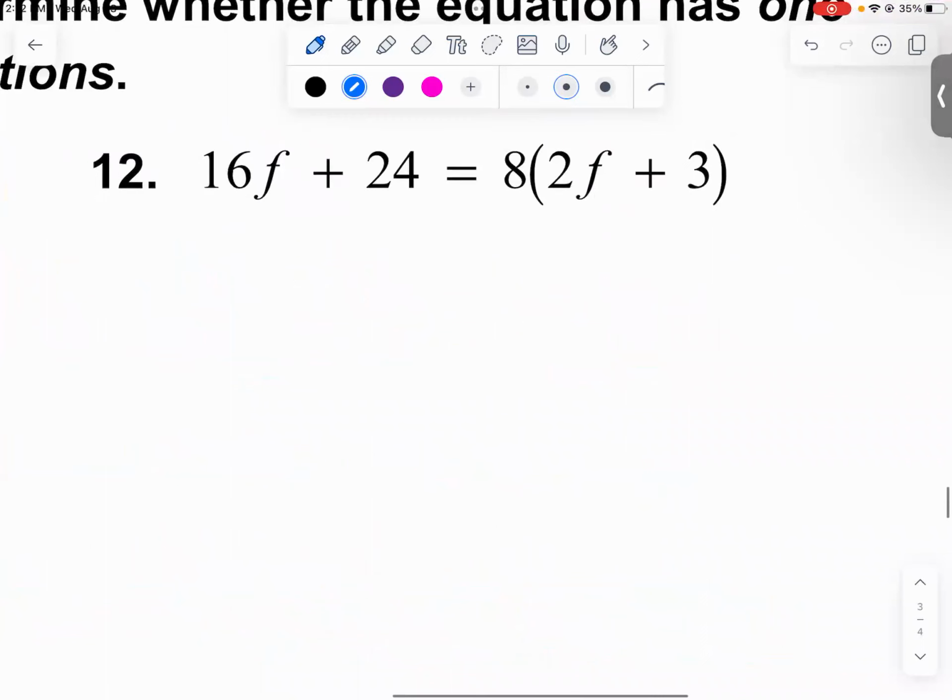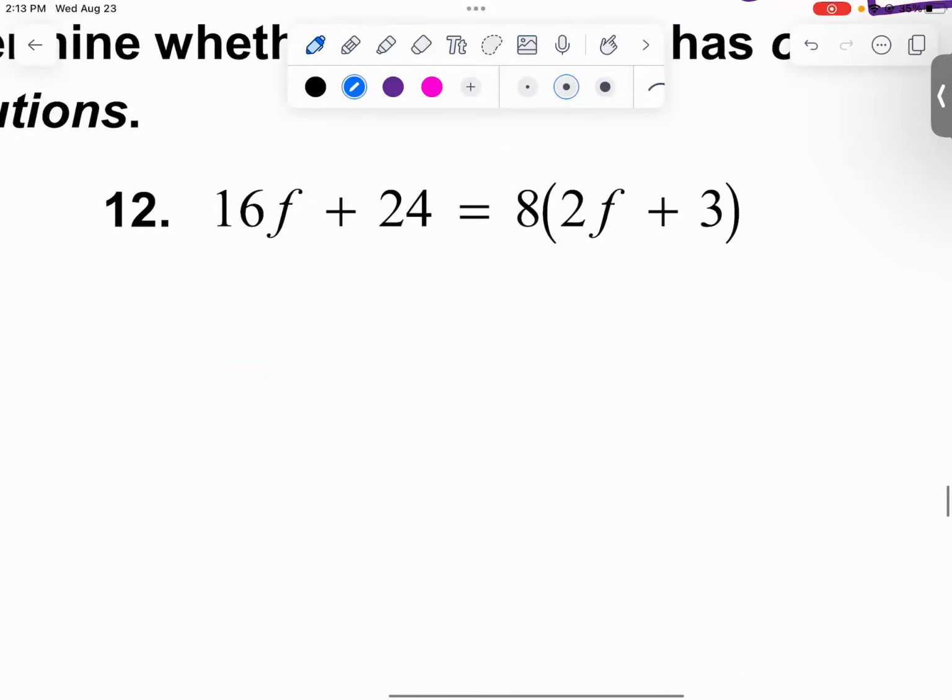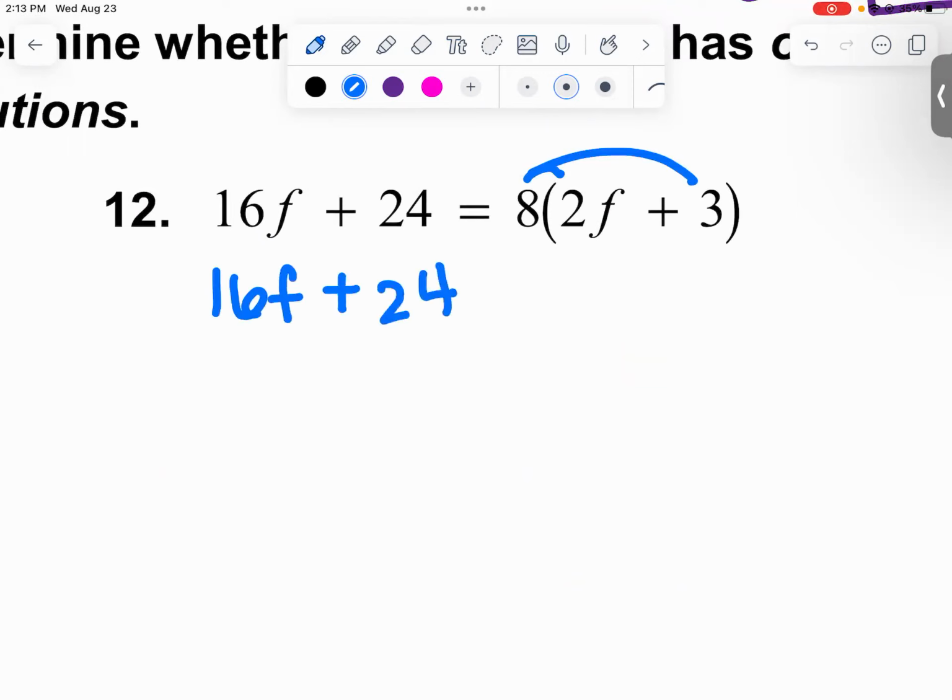All right, let's look at number 12. I'm just waiting for quietness. Okay, in number 12, if we distribute the 8, then we get 16f plus 24.